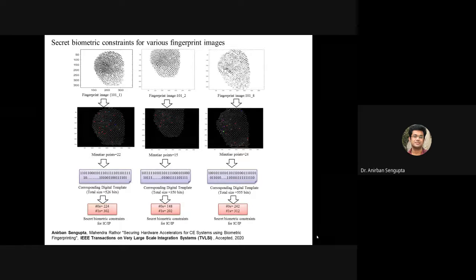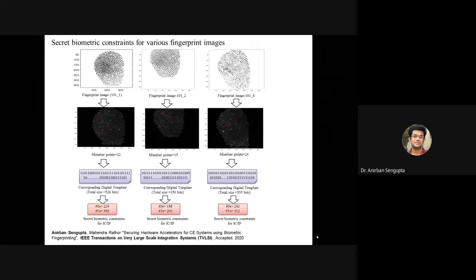So the question is, what type of fingerprint must be used and how does the fingerprint impact the final hardware security constraints? For that, we did a study to find out the impact on the complexity of the security constraints based on what type of fingerprints have been used. We have taken a few different types of fingerprint images, and we've seen that the minutia points greatly vary, as well as the digital template size.